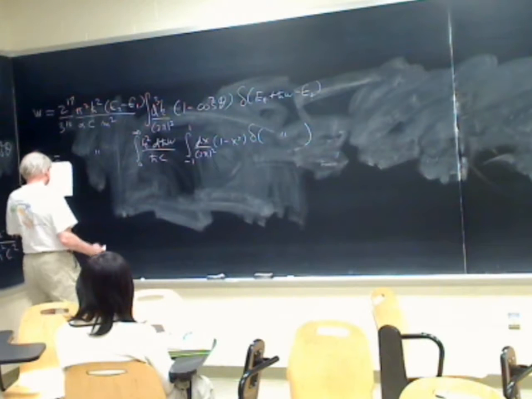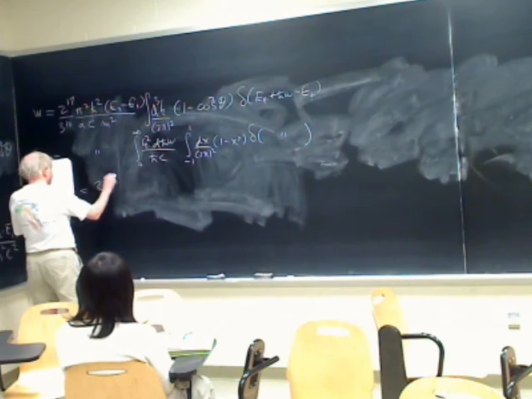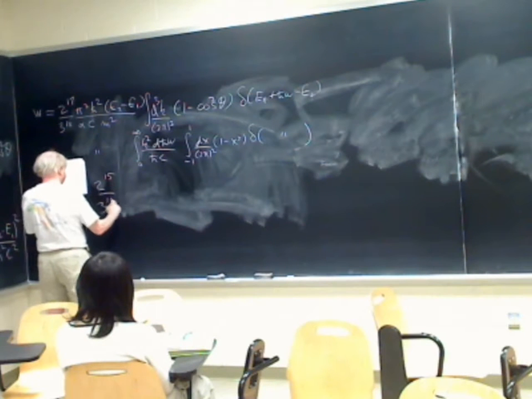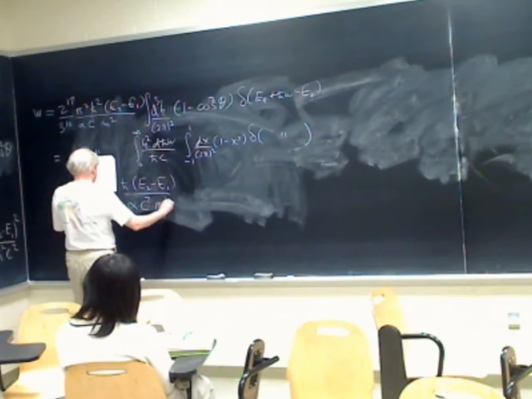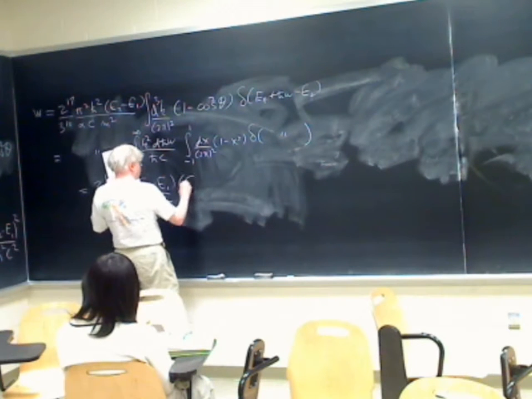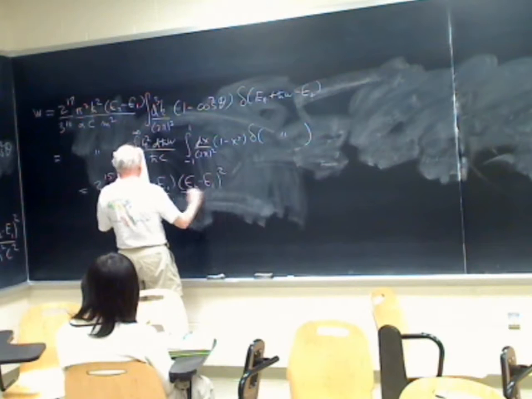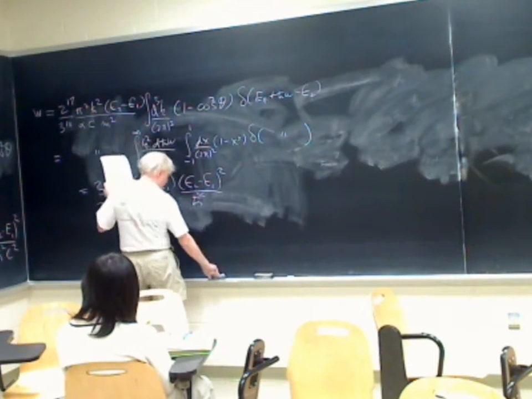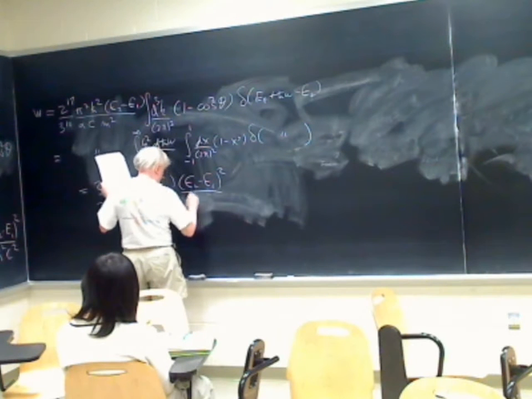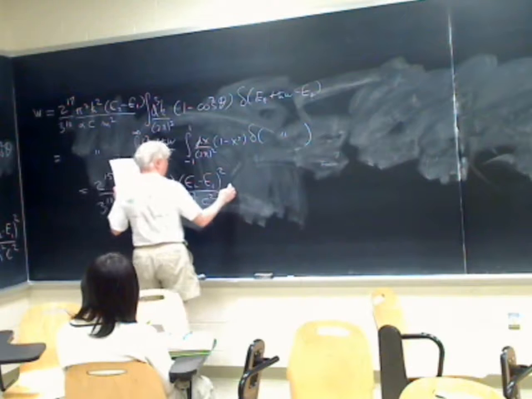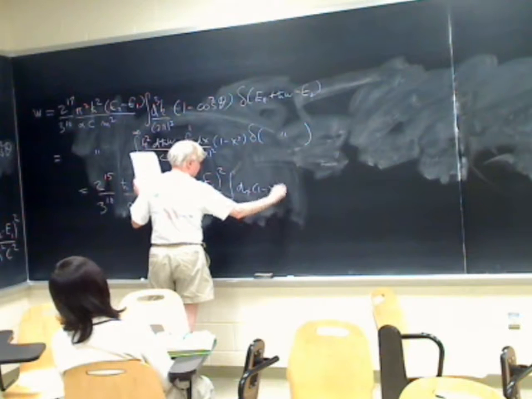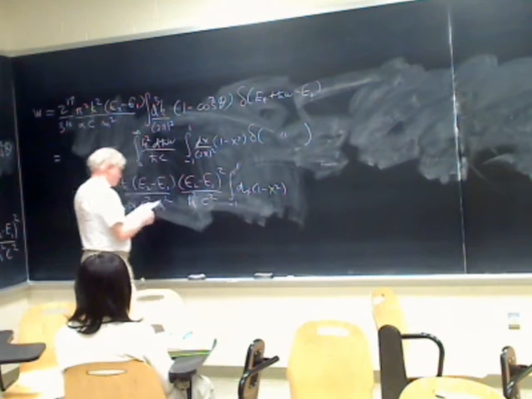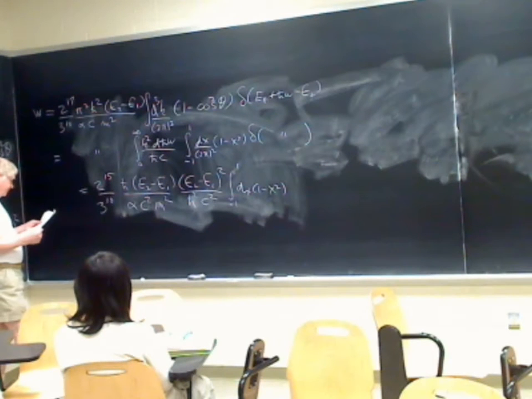And so altogether then, what we have is 2 to the 15th over 3 to the 10th, h bar, E2 minus E1 over alpha c squared m squared, and then E2 minus E1 squared over h bar squared m c squared, and then this integration dx of 1 minus x squared, which in fact is just 4/3.